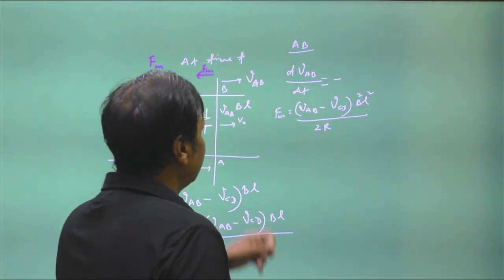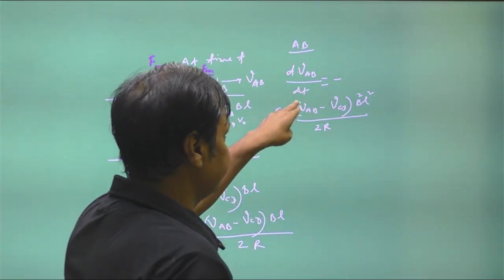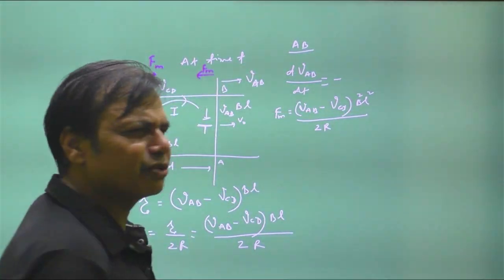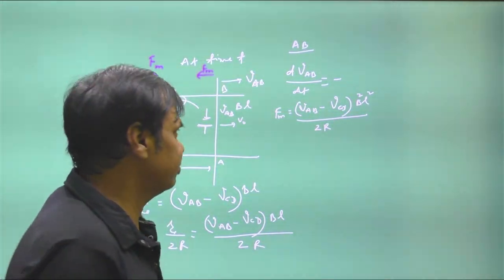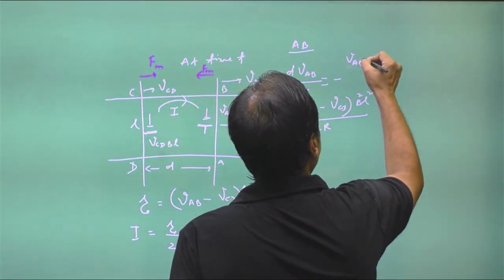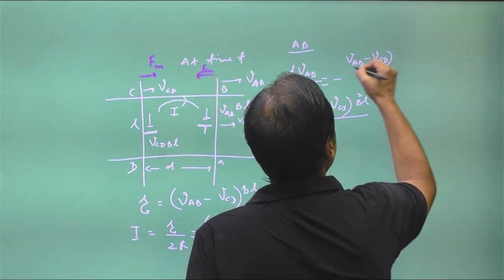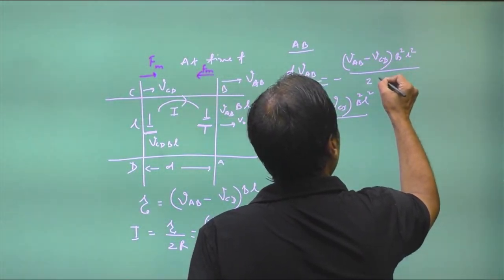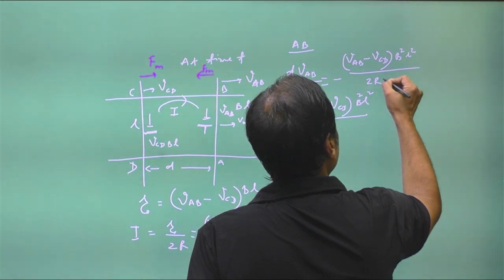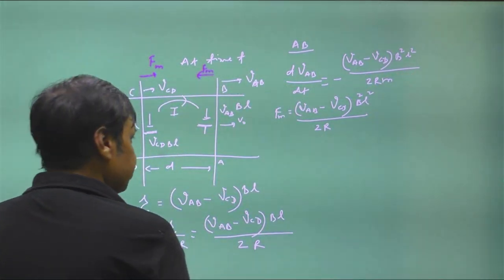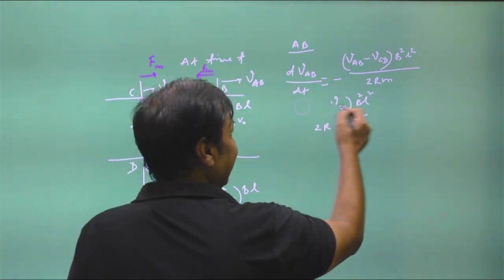So this is the rate of change of velocity. I would like to write it in terms of force by mass. So the force is (VAB minus VCD) B square L square by 2R, and the mass I can write here.